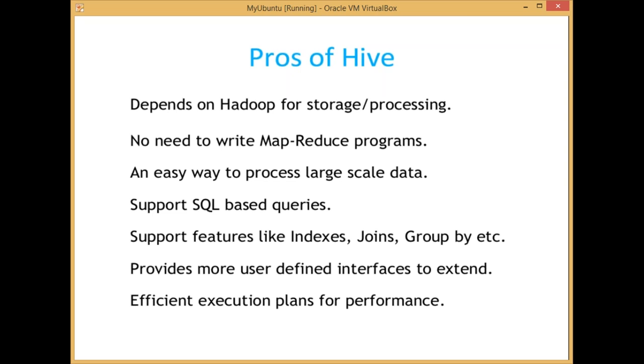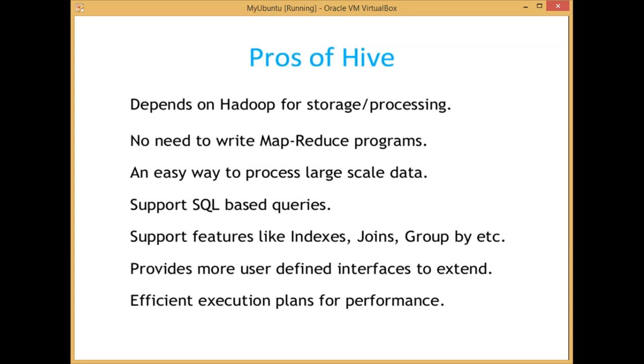That was quite far from SQL. On the other hand, if I talk about Hive, it's quite closer to RDBMS and it's 90% similar to RDBMS. So all the SQL features, indexes, joining, group by, order by, all these things are very easily supported by Hive.